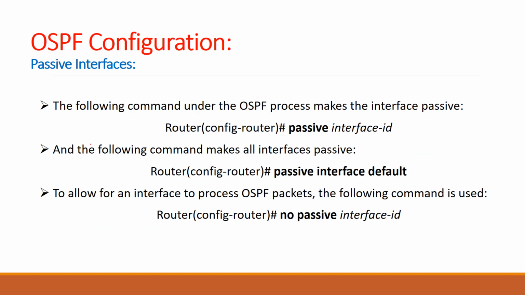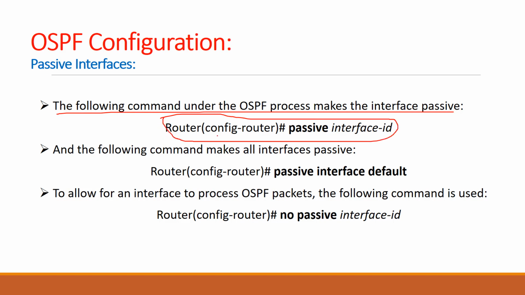To choose an interface as a passive interface, the following command under the OSPF process makes the interface passive. You can use this router subcommand, passive-interface, and choose the interface ID. And the following command makes all interfaces passive, which is passive-interface default.